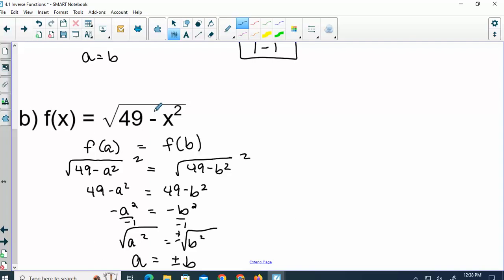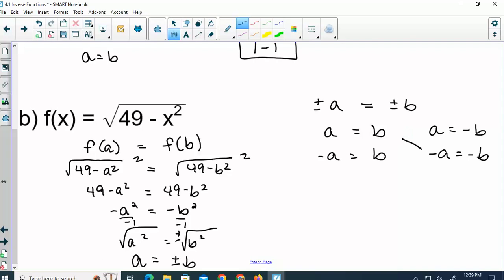Is it also plus or minus a? Yes, you just technically only have to put it on one side. But if it was on both sides, would it not cancel out? It does kind of. So if you put it on both, that means positive a could equal positive b, negative a could equal positive b, positive a could equal negative b, negative a could equal negative b.